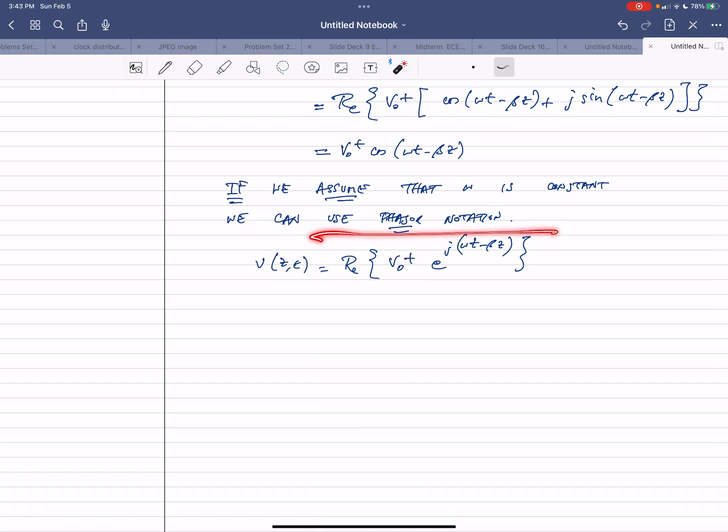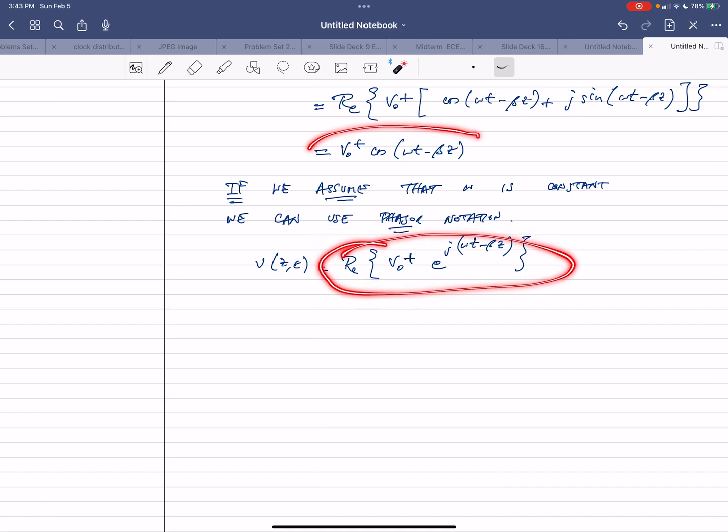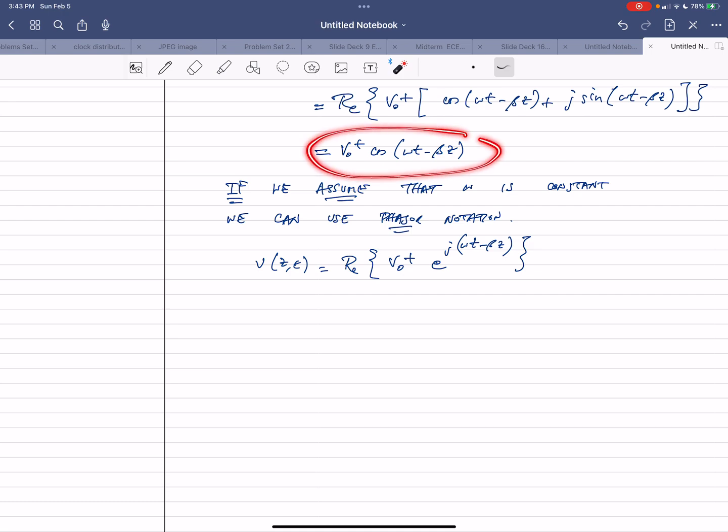Again, this is just a different way of writing V of z, t equals V0 plus cosine of omega t minus beta z. This real part of V0 e to the j omega t is just the same thing as writing this. Okay? So if omega is constant, we can use this thing called the phasor notation.